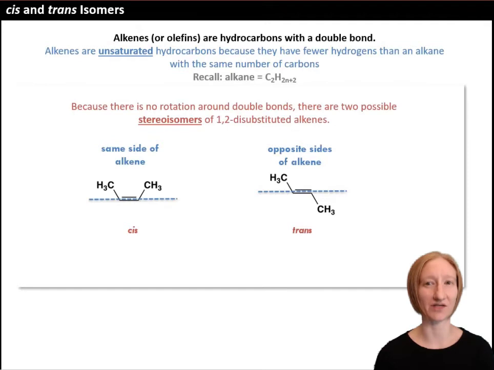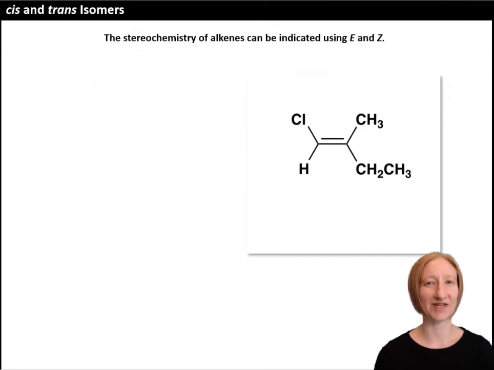And when we name alkenes, we include the cis or trans designation at the beginning of the name, followed by a hyphen. So on the left here we have cis-2-butene, and on the right we have trans-2-butene. The cis and trans designations only apply to 1,2 disubstituted alkenes.